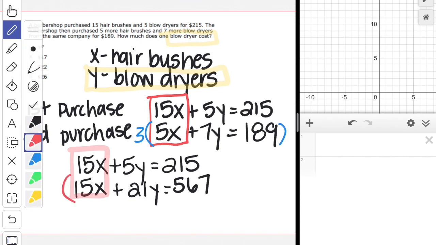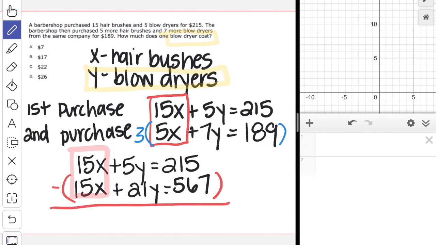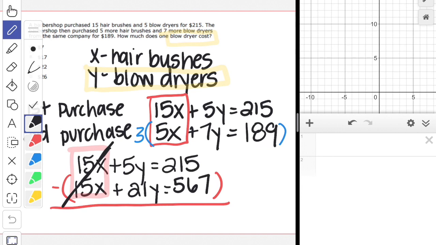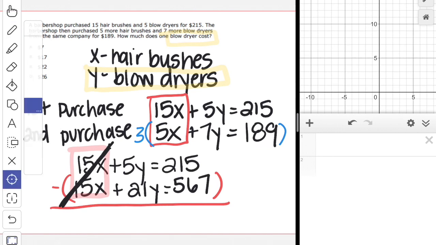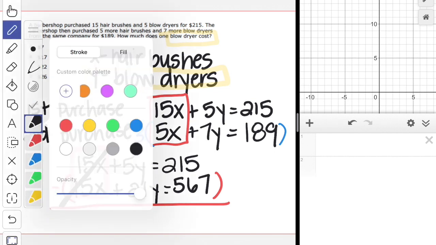So I'm going to subtract this entire problem. All right, so right here we have 15x minus 15x. That's going to cancel because that's going to be eliminated, which is what we wanted. So now we have 5 minus 21. So 5y minus 21y, that's going to give me negative 16y.